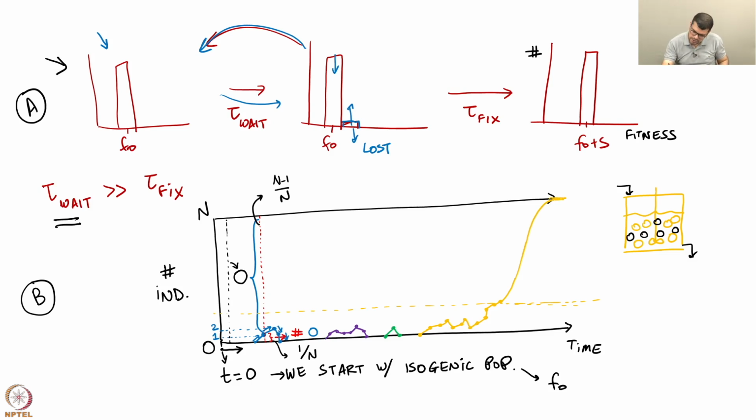At this point, once this has reached fixation, if I were to draw a vertical line, at this point the frequency of this genotype is n upon n, which means it is just 1. That means this genotype has reached fixation.